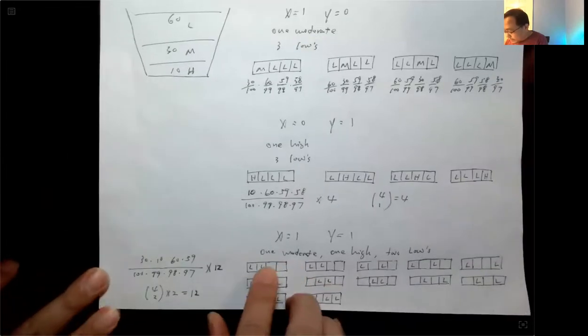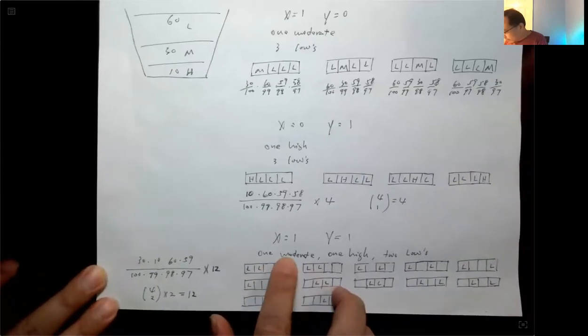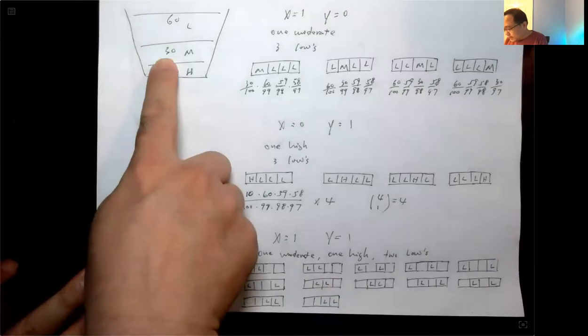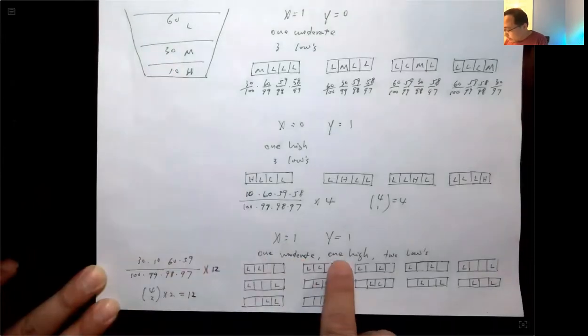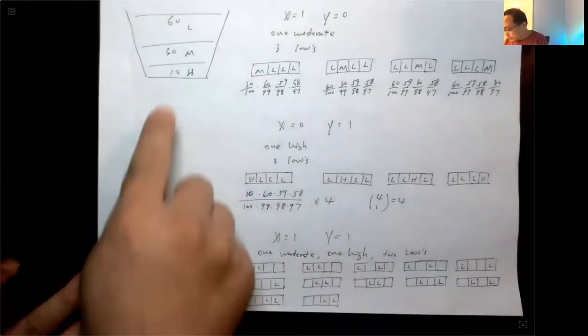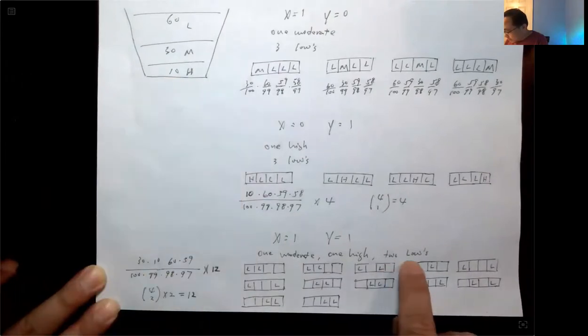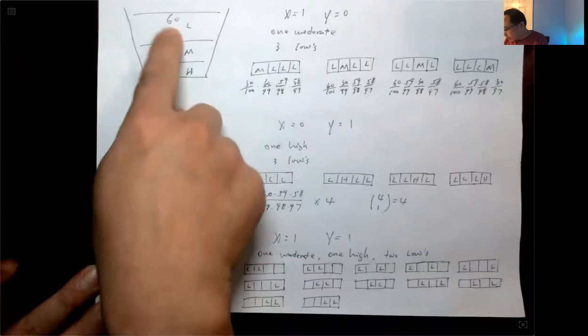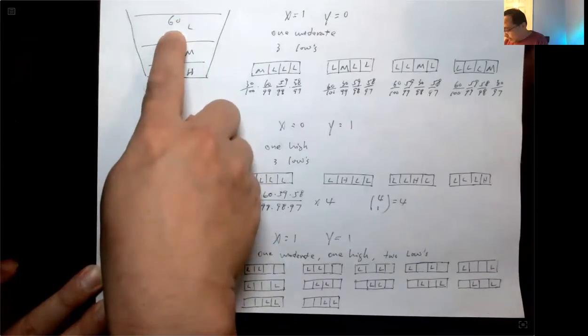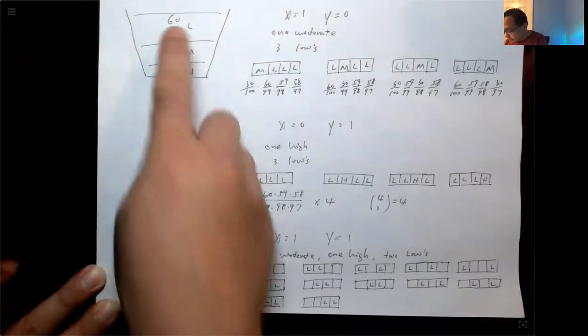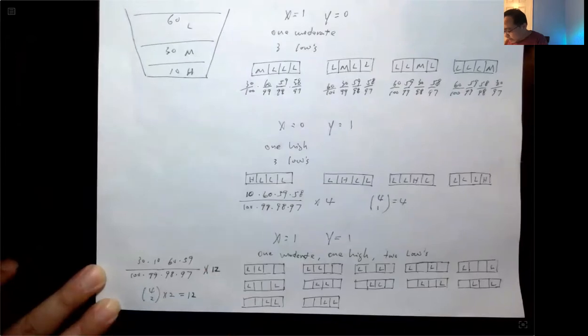One moderate comes from this moderate 30, and the one high comes from those 10 high balls, and the two lows, they all come from this part, 60 low balls.